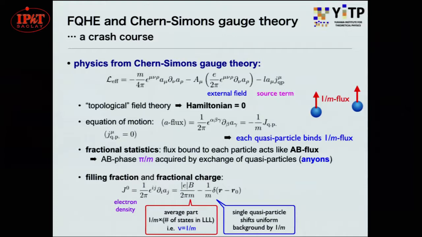This actually leads you to a non-trivial fractional statistics, which is given by the AB flux each quasi-particle acquires when it encircles the other particle. Basically, this also gives you the Hall fraction, which is 1 over m, and this term gives you the charge of the quasi-particle, which is 1 over m.